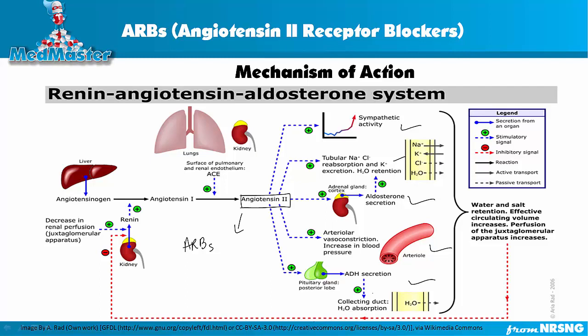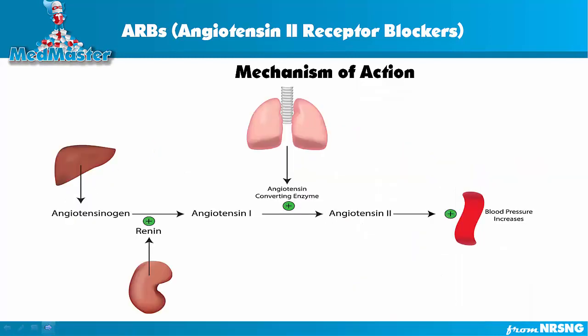So let's talk about those effects when this ARB medication blocks the receptor and doesn't let angiotensin 2 produce its effect. Okay, we'll talk into the second slide. So let's say we are blocking angiotensin 2 by ARBs. One of the angiotensin 2 effects is that it increases the sympathetic nervous system.